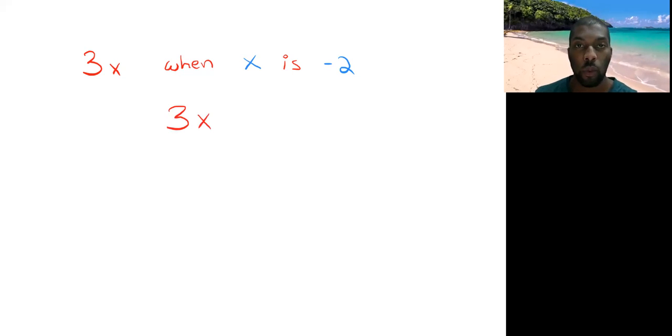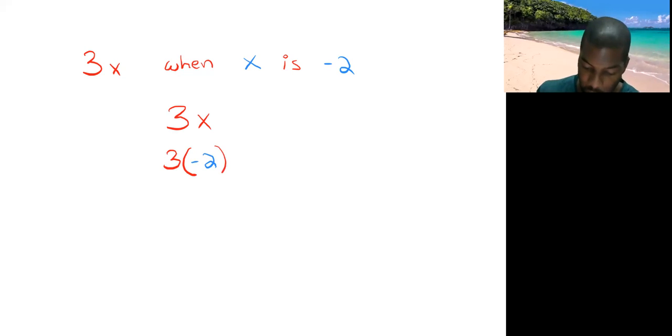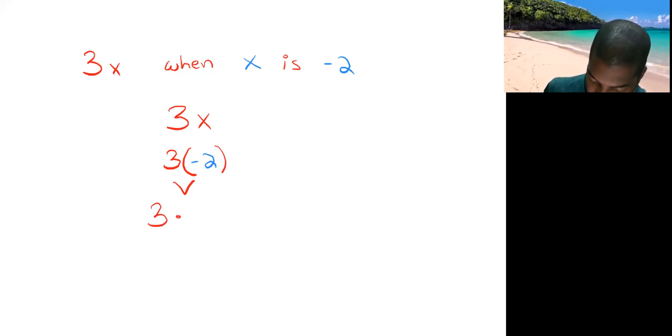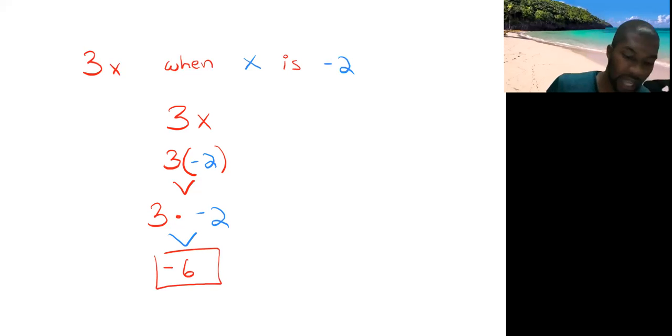Then I substitute what my x is worth, and my x is worth -2. So 3 multiplied by -2. And then I simply solve. 3 parentheses -2 is the same thing as saying 3 times -2. 3 times -2 is the same thing as saying -6. There you go. 3x is -6 when x is -2.